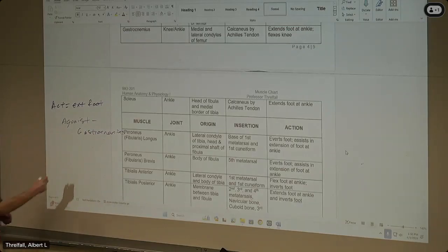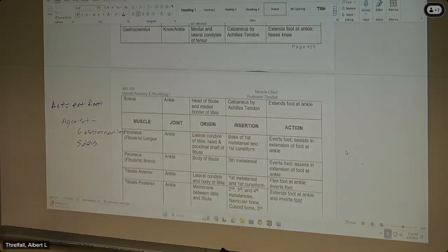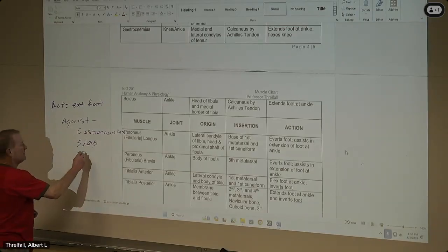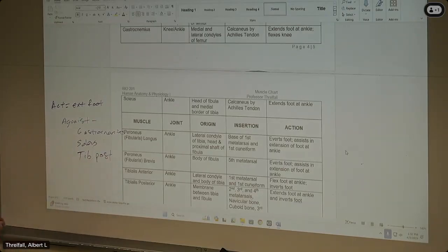The soleus? And any others, or is that it? Tibialis posterior. Okay, so those are the three that you use when you stand on your toes or you extend your foot at the ankle.